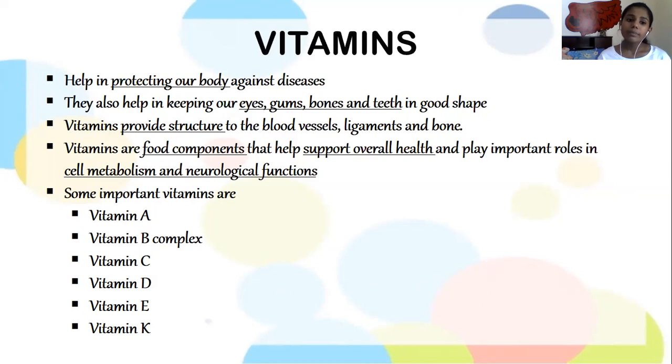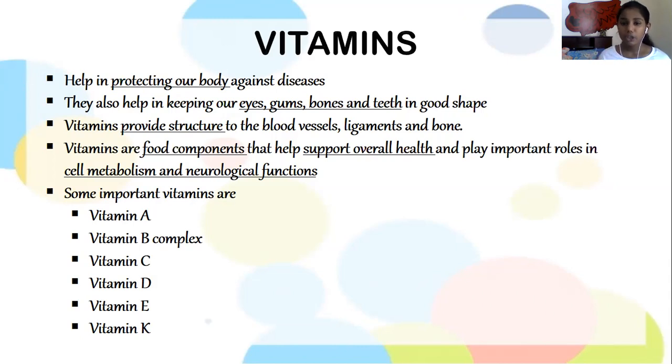Vitamins also provide structure to the blood vessels. What are these blood vessels? They're capillaries, veins, and arteries. They transport blood to different parts of the body, and hence need to have a proper structure. And what are ligaments?